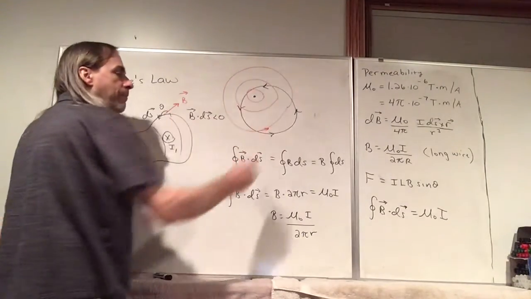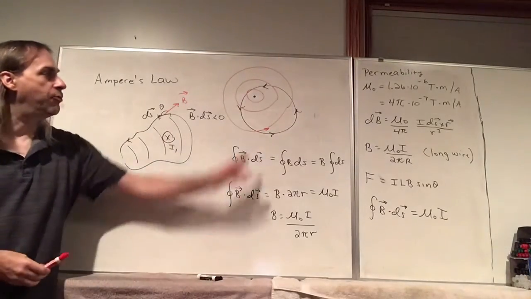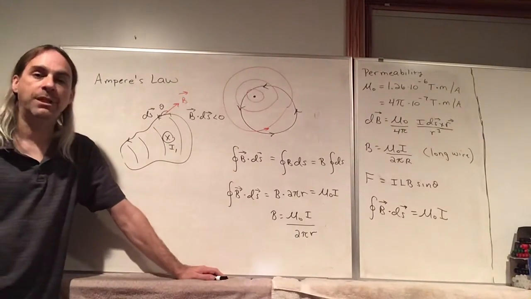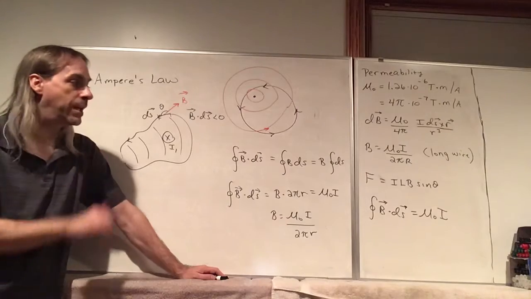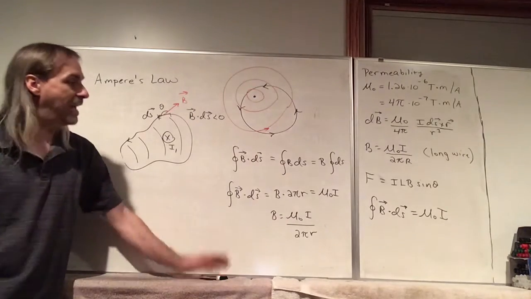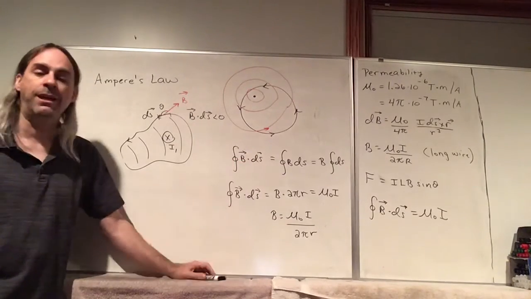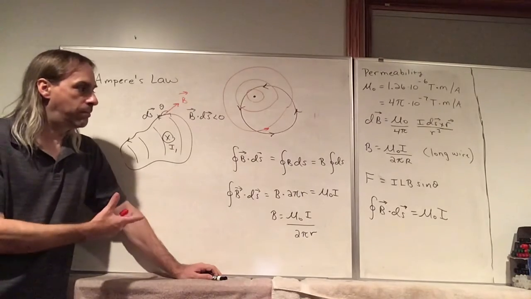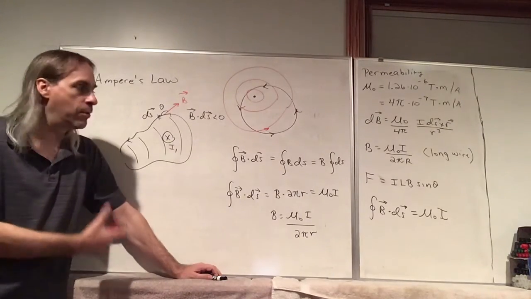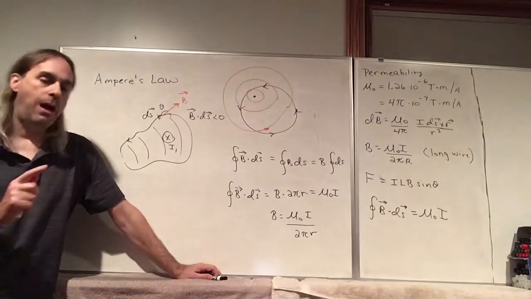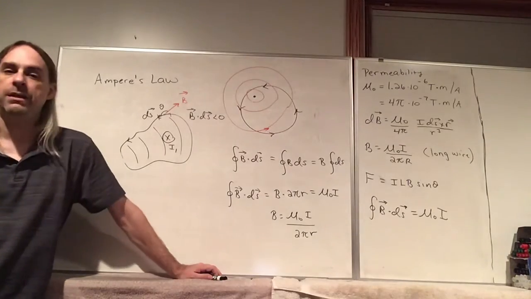So I asked, does anything change when you move the wire away from the center? And I said the answer is both yes and no. The answer is yes, because doing this integral would be a very different problem. However, the result would be the exact same.